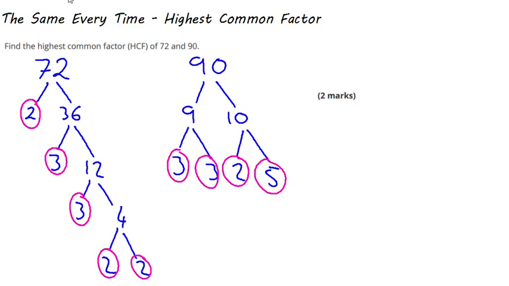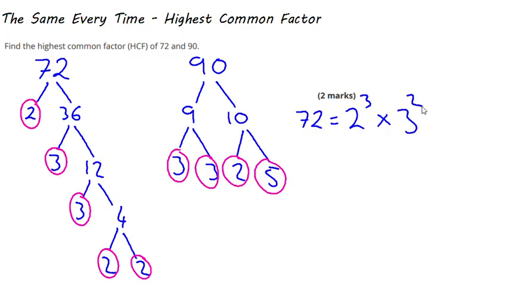So I'm going to write my two numbers there, the 72 and the 90, as a product of prime numbers, prime factors. So 72 is 2 times 2 times 2, which is 2 to the power 3. I'll go straight to the index notation. If you're not sure about that, watch the videos about product of prime factors and factor trees, multiplied by 3 to the power 2.